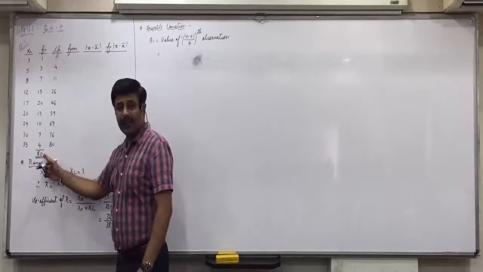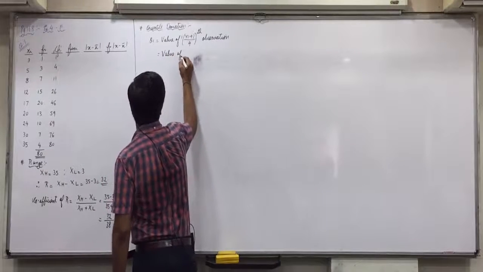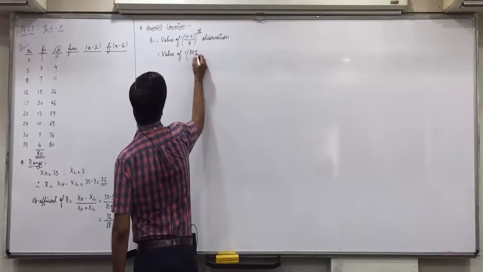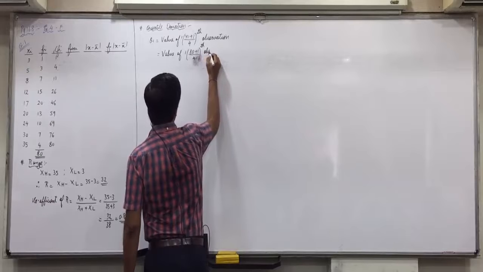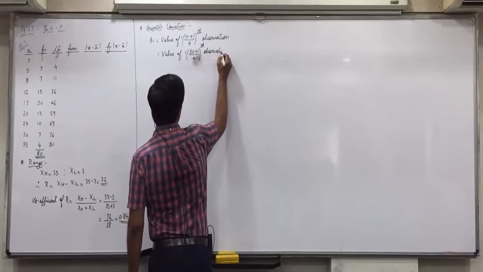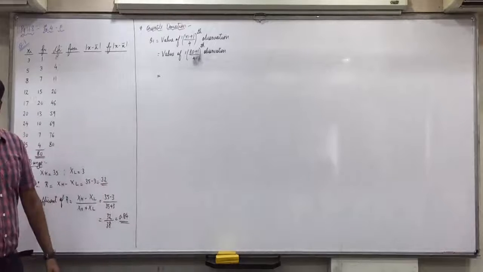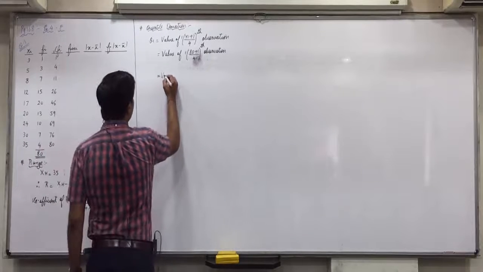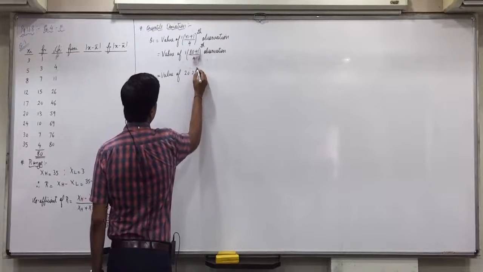Total of Fi, that is 80. So value of 1 into 80 plus 1 divided by 4th observation, 20.25. Value of 20.25th observation.